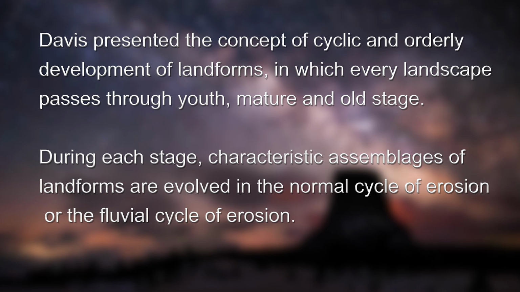In the youthful stage, the river is very active in the process of vertical erosion and produces various erosional landforms like V-shaped valleys, waterfall, plunge pools, interlocking spurs, etc. In the maturity stage of the fluvial cycle of erosion, the landforms developed are the product of erosion and deposition.